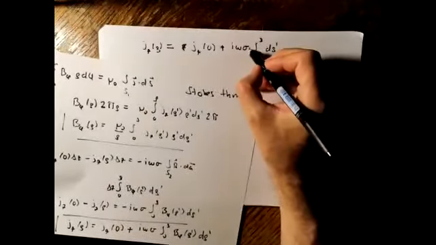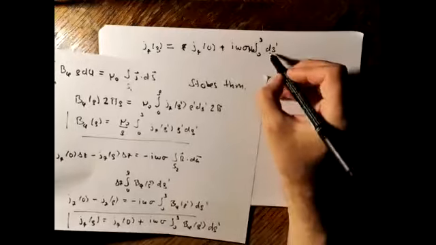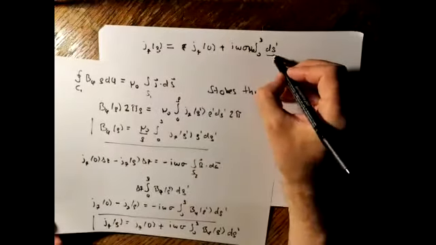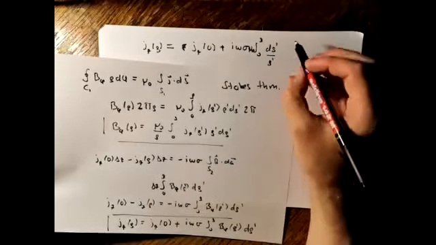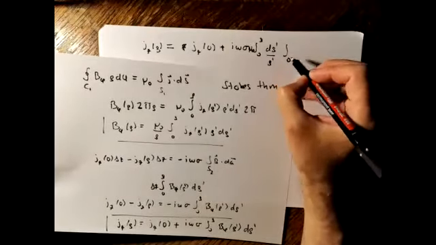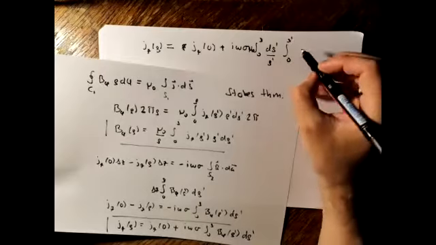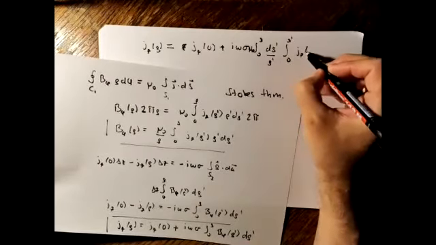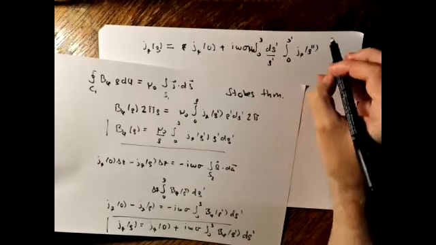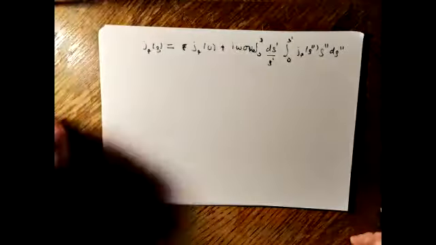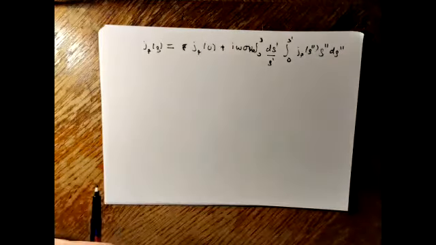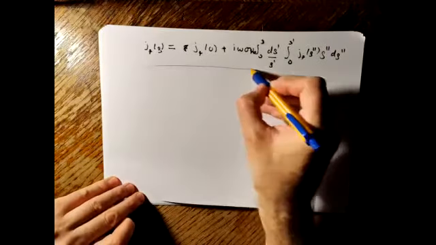I put my mu 0 constant out. There's a 1 over rho, but that's now a rho prime. And now I can write the integral 0 to rho prime, Jz rho prime prime, rho prime prime, d rho prime prime. So that's my equation.